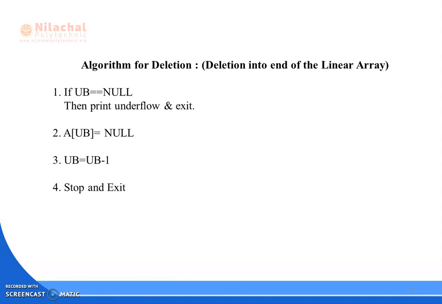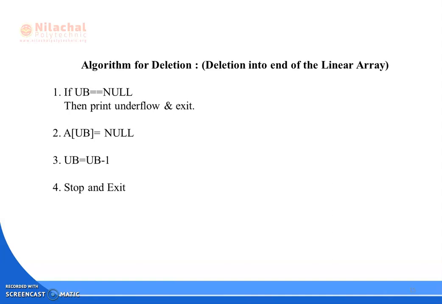If it was satisfied, then it means that there is no space in the linear array. When it was not satisfied, then there is space in the linear array and we can insert data.